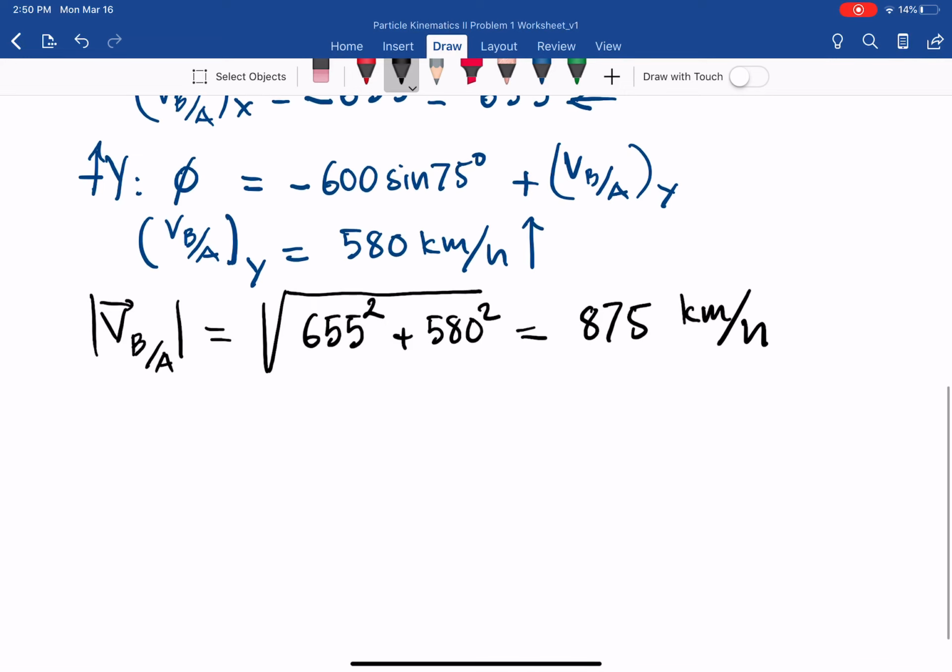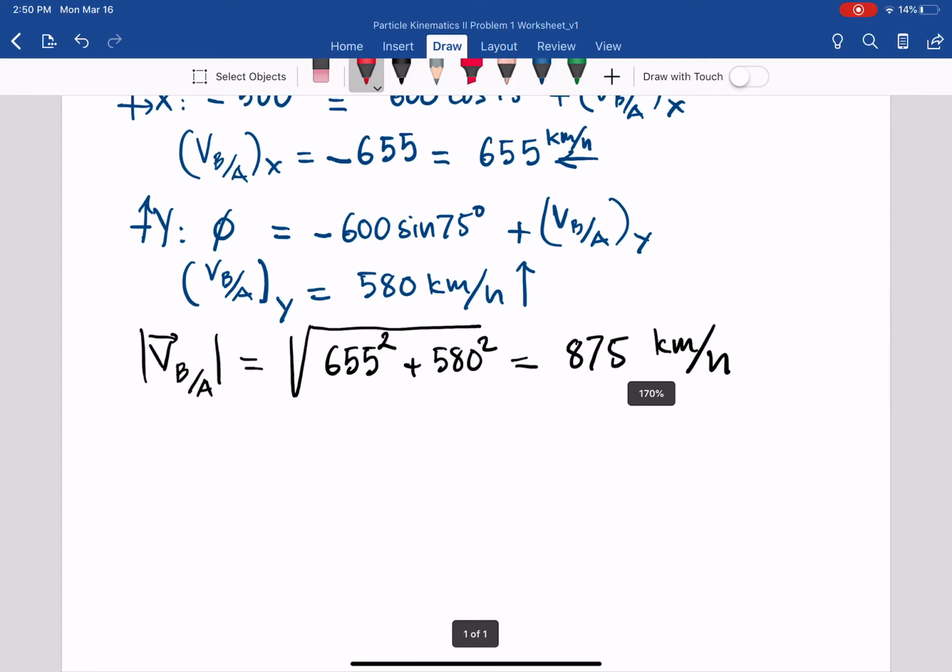So that is the magnitude. But since this is a vector, we need to find out the direction. And my only suggestion for you is always draw a big diagram so that it is easy to visualize what the answer should be.